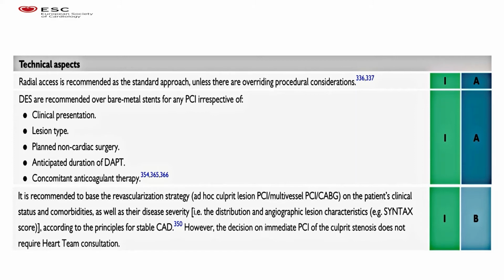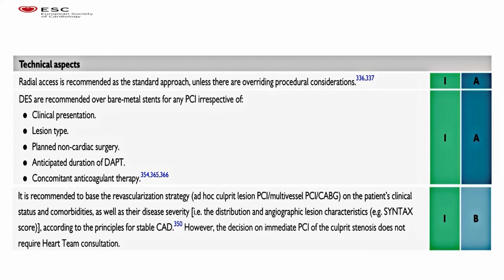Class 1 Level A. Drug-eluting stents are recommended over bare metal stents for any PCI irrespective of clinical presentation, lesion type, planned non-cardiac surgery, anticipated duration of dual antiplatelet therapy, concomitant anticoagulant therapy.